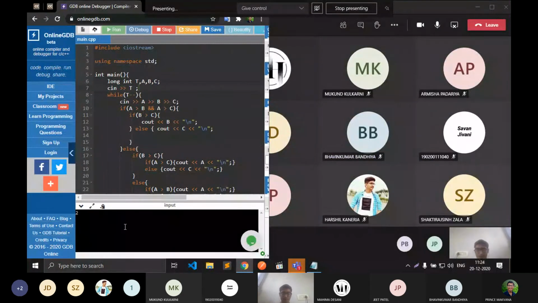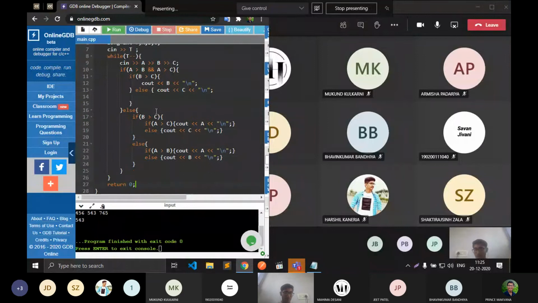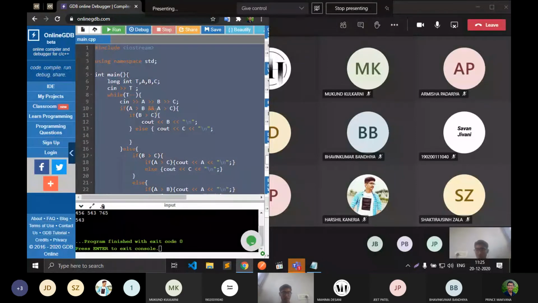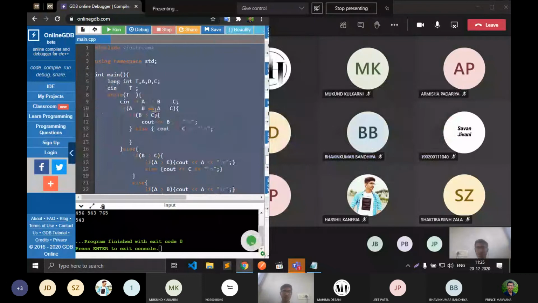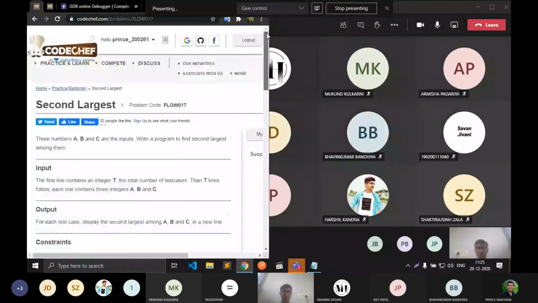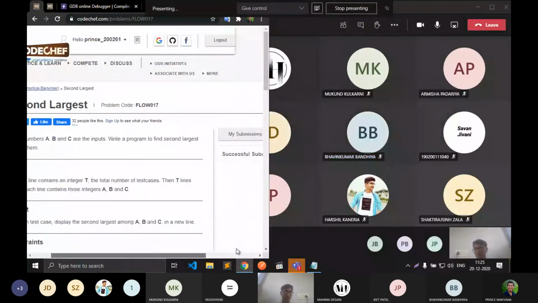For a test case with 1, 2 and 3, 2 is second, yes. Then 4, 5, 6 gives 5, and 4, 6, 7 gives 6, okay, and 5, 4, 3 gives 4, okay, done, it is right. So it is an executable code. Control C, submit it at CodeChef. Okay, done. This is my problem.